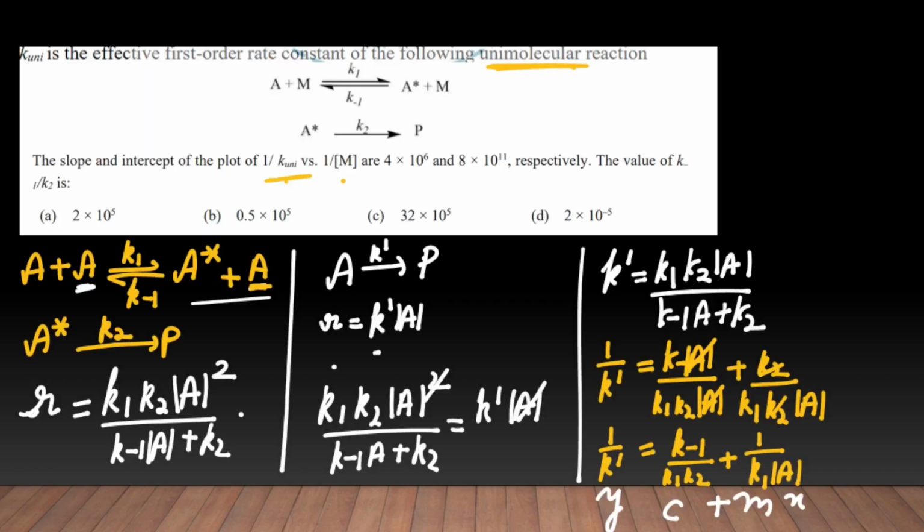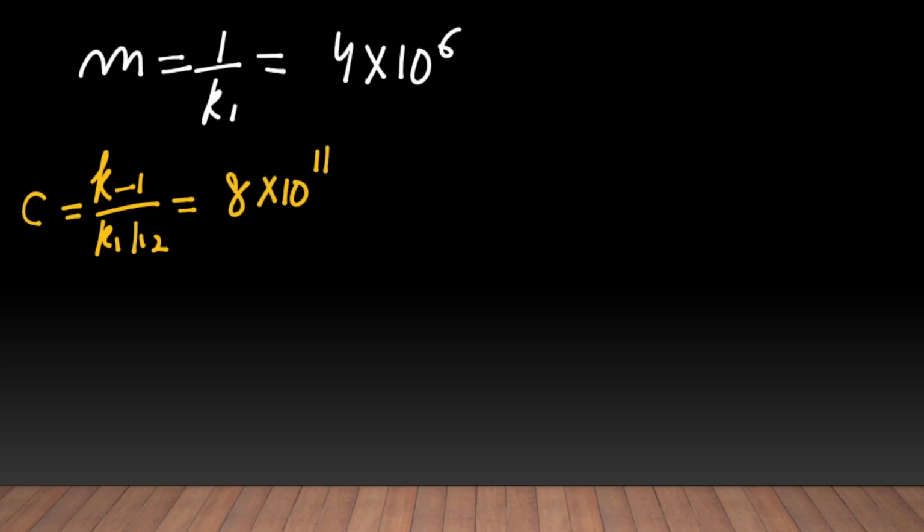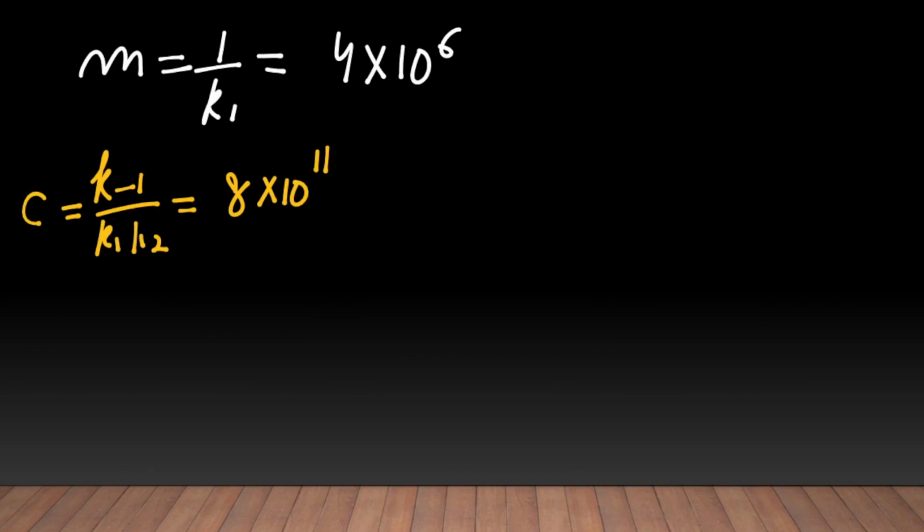The intercept value we have is K inverse upon K1 into K2, that is given to us as 8 into 10 raised to the power of 11, right? We have to find the ratio of K inverse to K2. So use this 1 by K1 value.